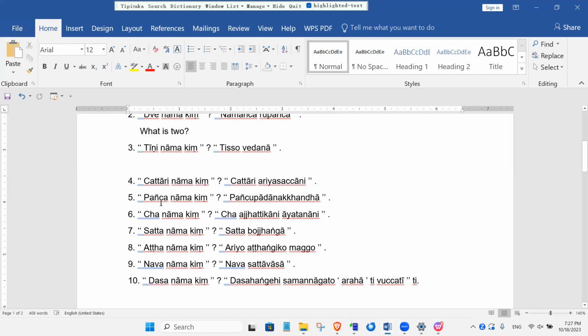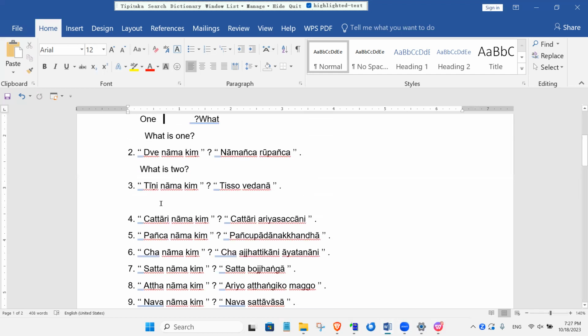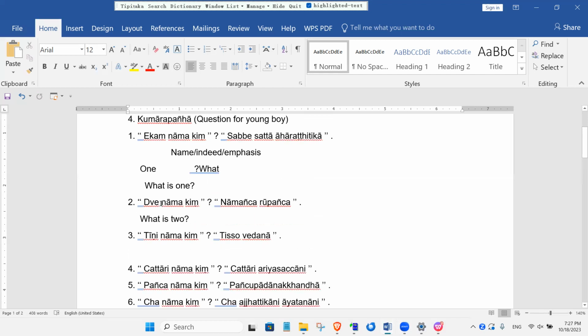So now you can pick out some Pali on the numbers. Ekam, kim, no meaning. What is one? Sabbe satta aharatthitika. Sabbe means all. Satta means beings.